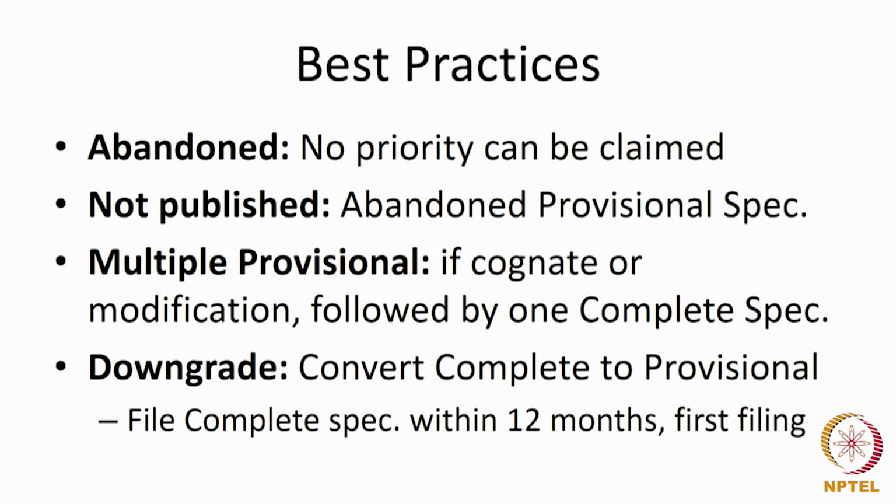Now, one of the things that you could do with the provisional is you can file a provisional, and if you do not follow it up with a complete, then the provisional is deemed to have been abandoned. The advantage of something being abandoned is that it is not published, so it does not come into the public domain. But when you abandon, you cannot claim the priority of that provisional anymore.